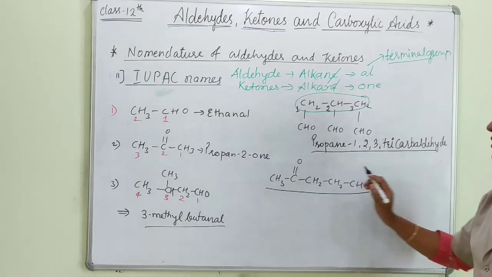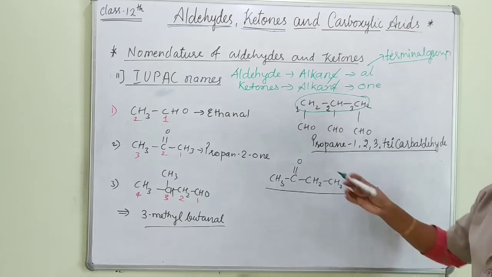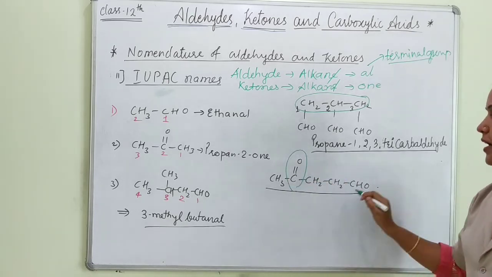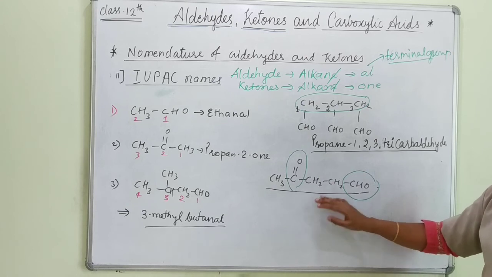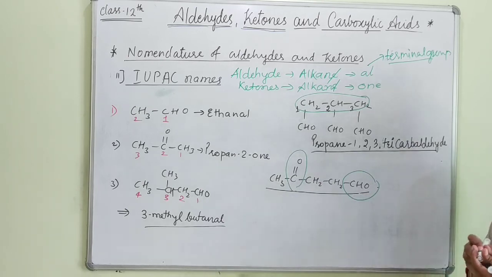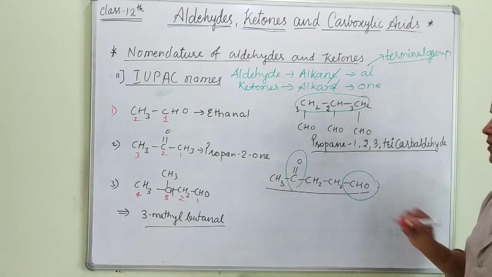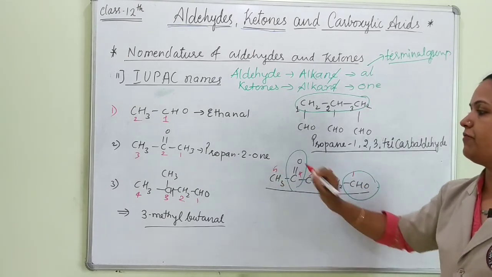In this last one, if you observe, we have 2 groups together. So this is ketone and aldehyde also. This concept again we have studied in class 11th. In class 11th we studied that when aldehyde and ketone are both together, then we need to give preference to aldehyde, and when we are giving preference to aldehyde, its counting can start from this side like 1, 2, 3, 4 and 5.